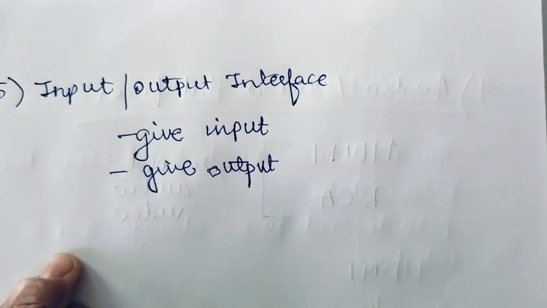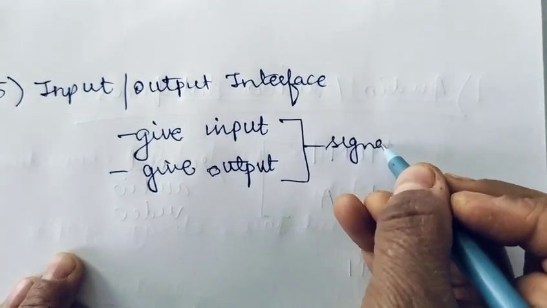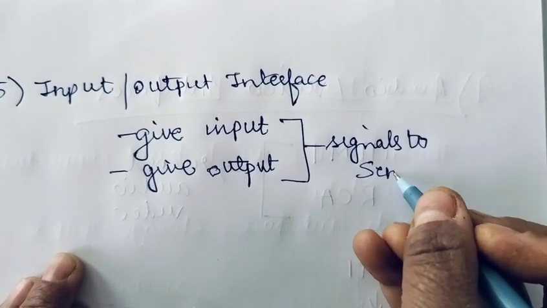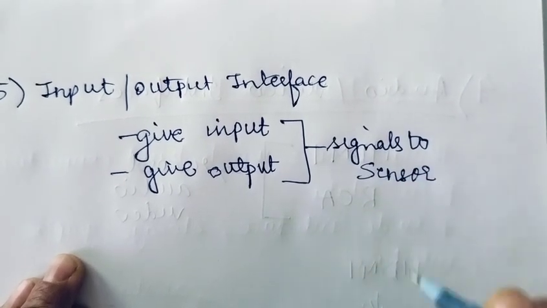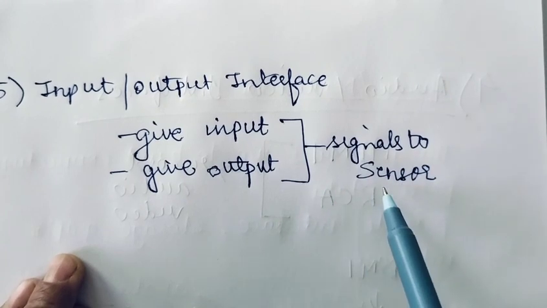So to give input and output signals to sensors and actuators: a sensor will capture data through the input signals, process and analyze it, and then transmit it through the output signals.